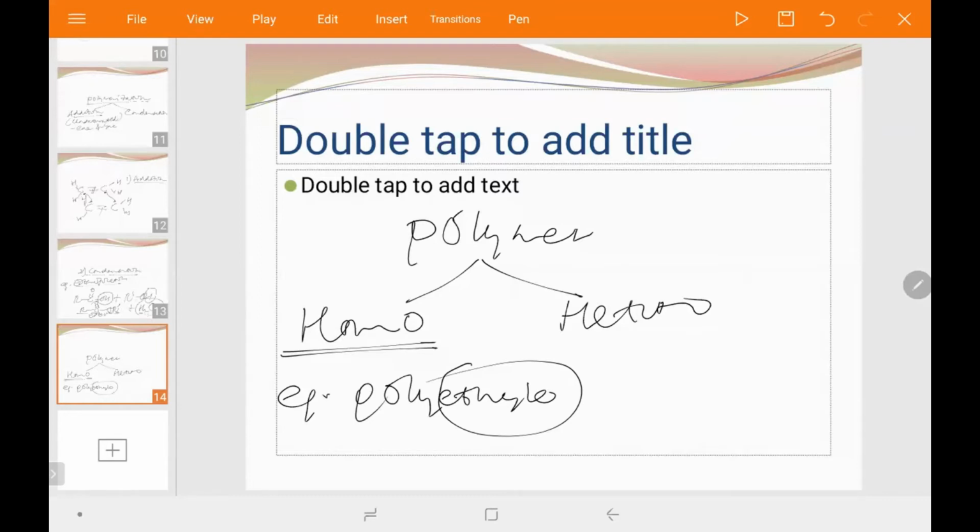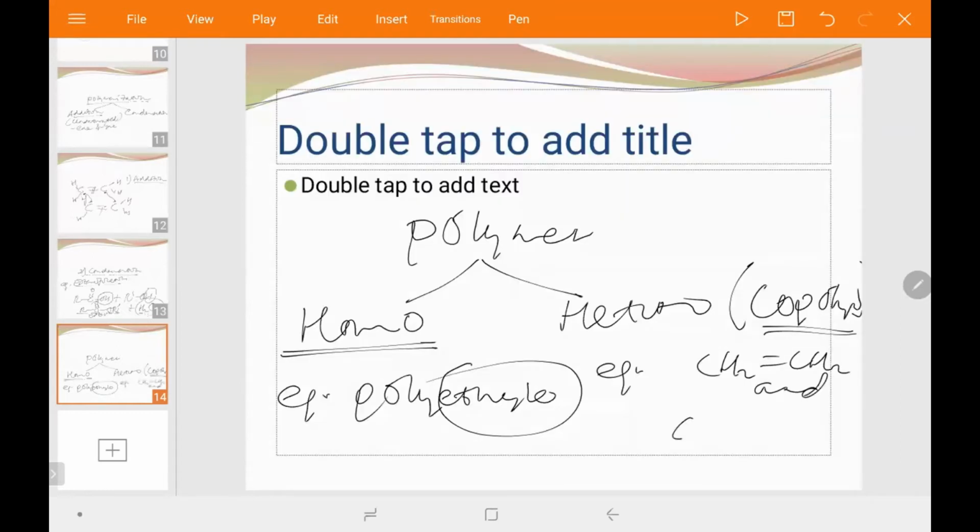This is hetero, or it is known as copolymer. In your textbook, this word is given, copolymer. Copolymer means the combination of different monomers, maybe ethylene and propylene. For example, ethylene, CH2=CH2, and propylene, CH3-CH=CH2.